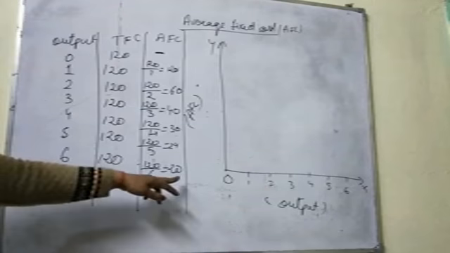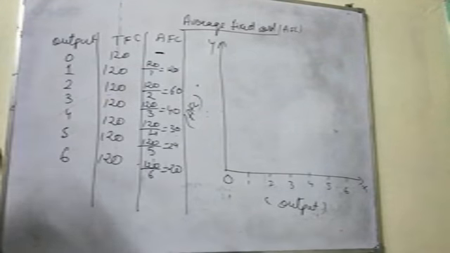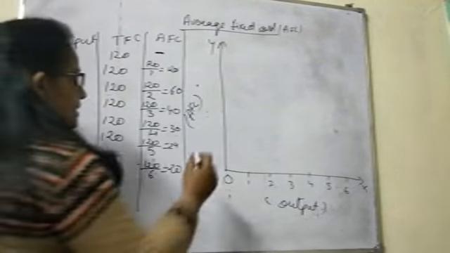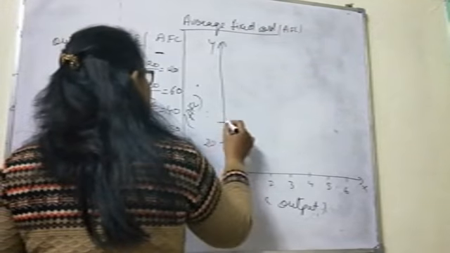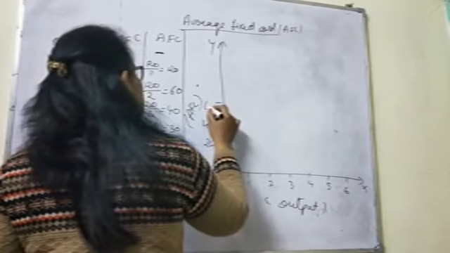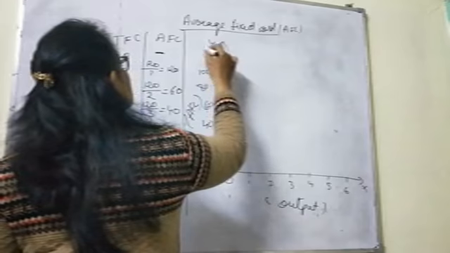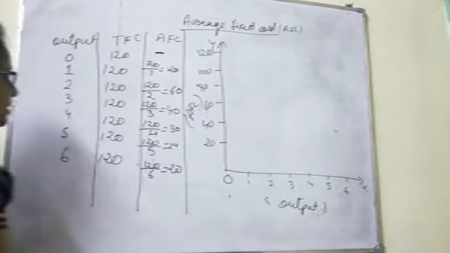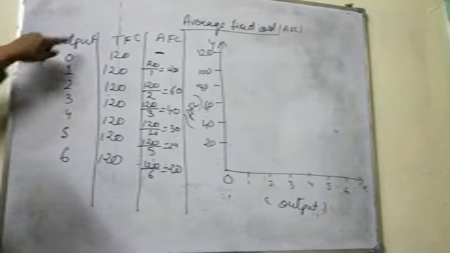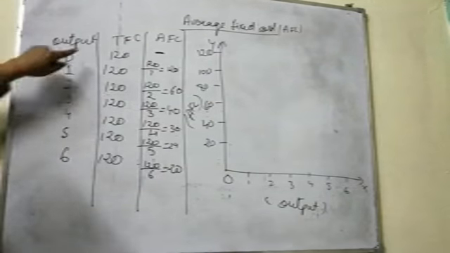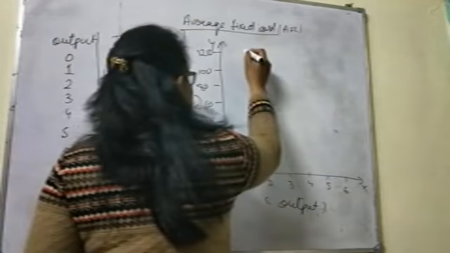And here the minimum is 20 and maximum is 120, so we'll take a gap of 20. Is it clear? Now, at 0, it is nothing. At 1, it is 120.